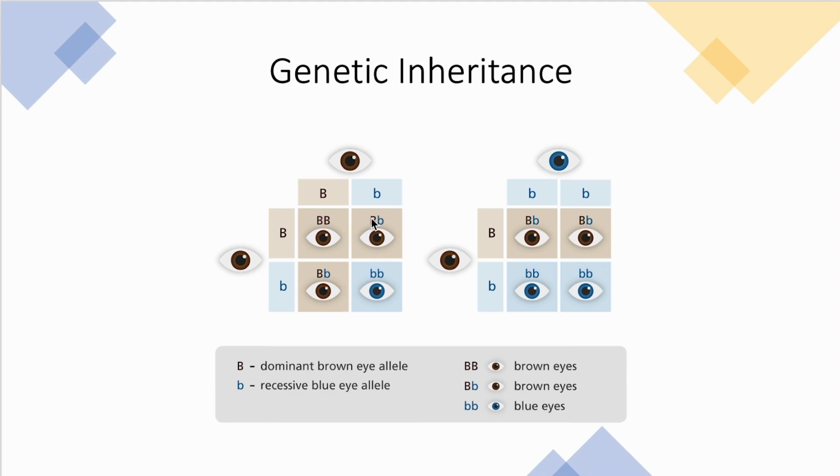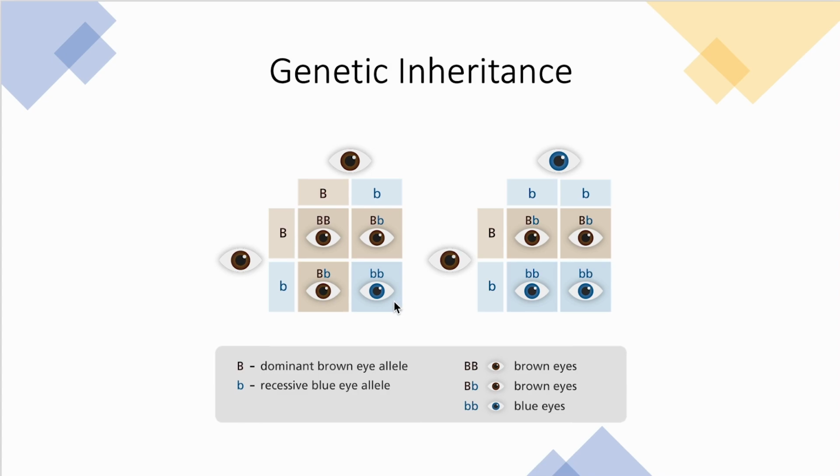They have 50% probability, this one and this one, of having a kid in each pregnancy that is heterozygous, so that means it has a dominant and a recessive allele. These two here are the same. And 25% probability of having a kid in each pregnancy that is homozygous recessive. So the two alleles that this person will inherit are the two recessive alleles for blue eyes.